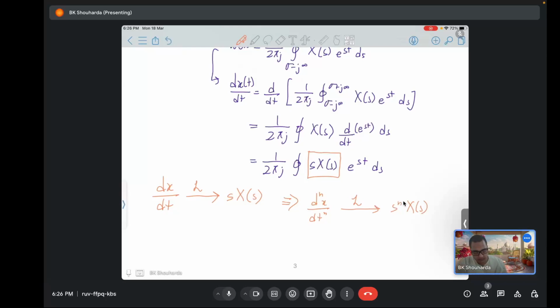For the case of the integral, if you look at the integral from minus infinity to t of x(tau) d tau very carefully, you can always express it as the convolution between x(t) and the unit step function.